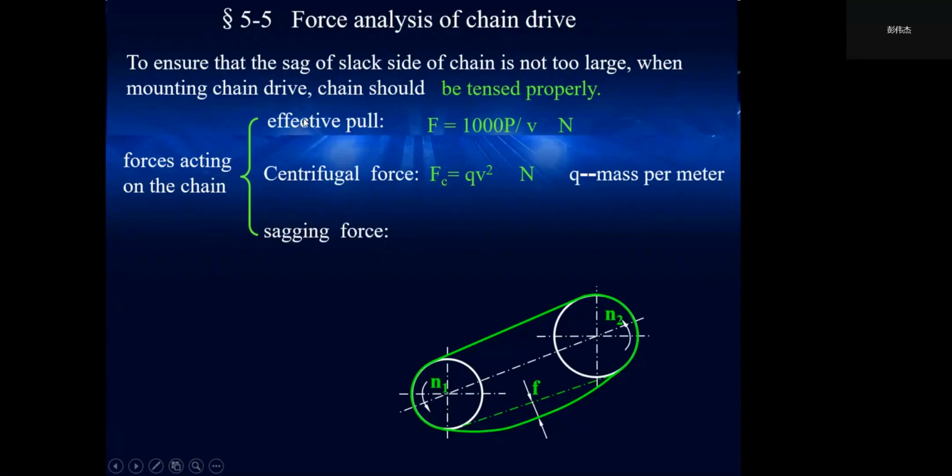The effective tension force Fe is expressed as 1000 times P divided by V, determined by the transmitted power P and the speed of the chain V. For the centrifugal force Fc, the tension induced by centrifugal force is analogous to that of belts: Q times V squared.